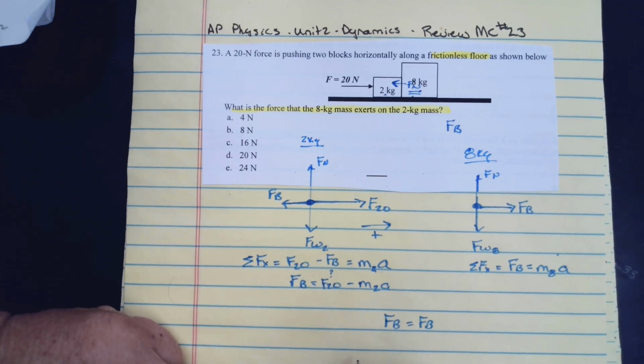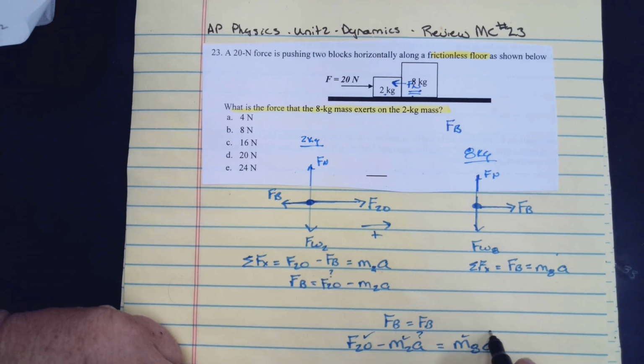So if I set these equal to each other, I'm going to have the mass and acceleration there. I'm going to solve for acceleration, because I know my masses. The only thing I don't know is acceleration. So, a little bit of algebra.